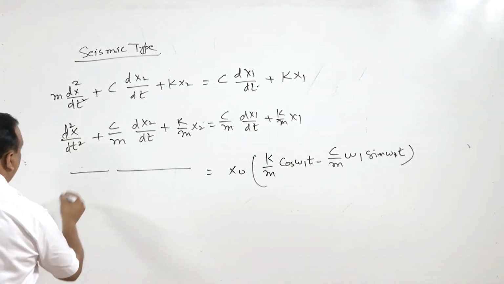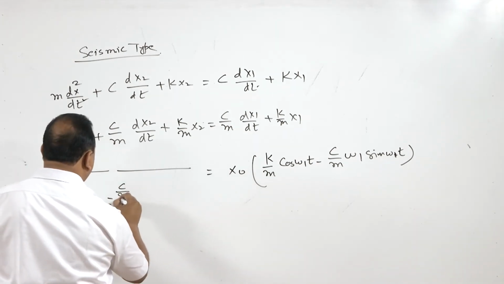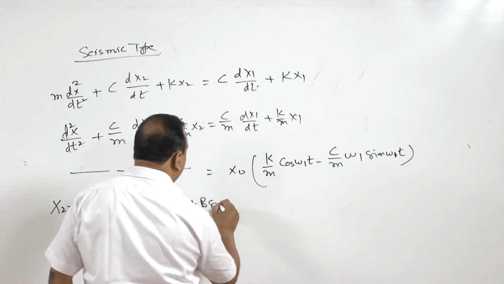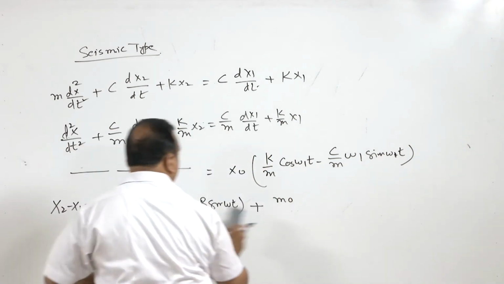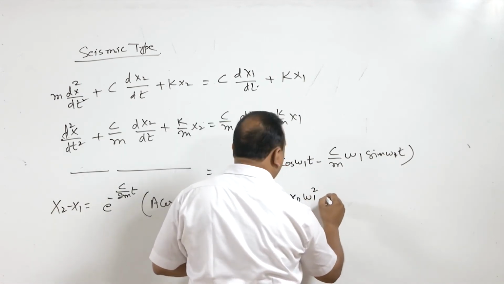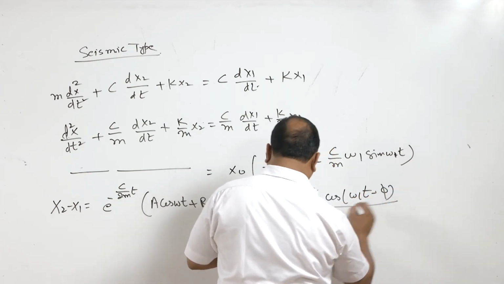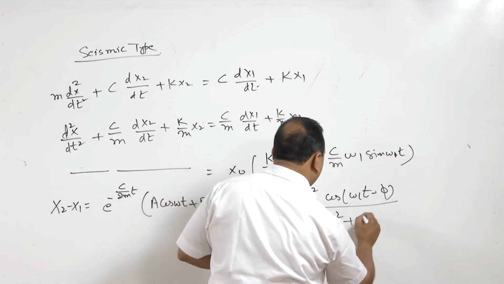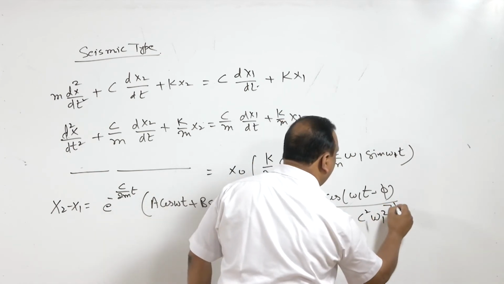Now, the solution for this, that is x2 minus x1, is going to be e raised to power minus c by 2m t, a cos omega t plus b sin omega t, plus m xo omega 1 square cos omega 1 t minus phi, divided by k minus m omega 1 square whole square plus c square omega 1 square raised to power 1 by 2.